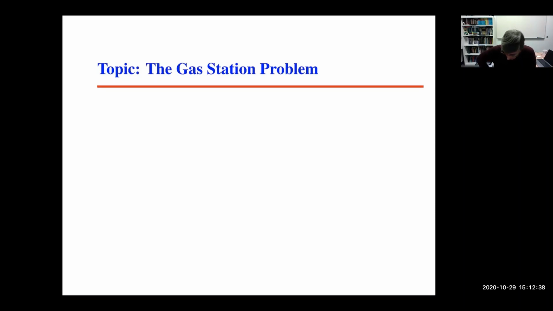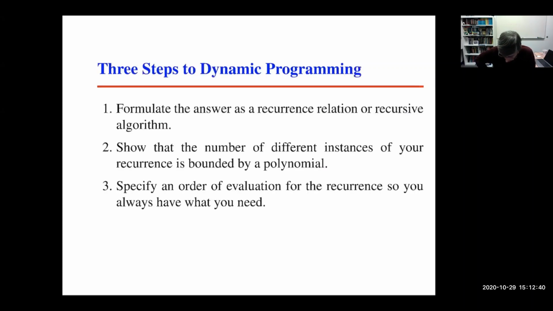Okay, so let me review a very, very simple, again, what is the idea in a dynamic programming algorithm? Okay, the basic story is you're going to formulate your algorithm as a recurrence relation or a recursive algorithm.